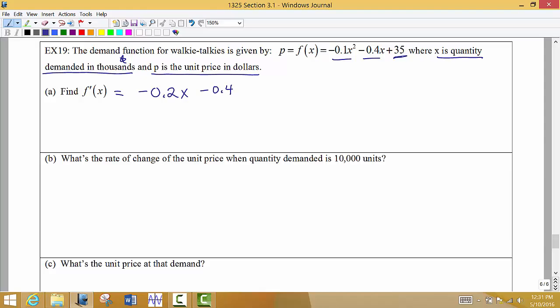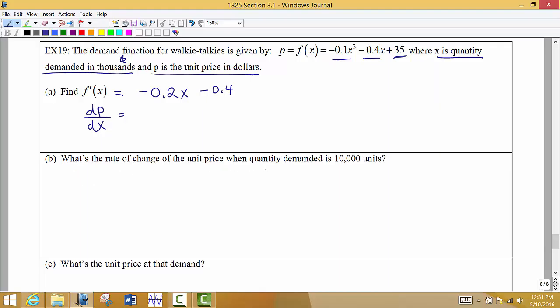And the last one is a constant term, which means we get a derivative of 0. Remember, this is measuring the change in price over the change in quantity. So this is what we're talking about when we're talking about the derivative here: how the price is changing with respect to how quantity is changing.